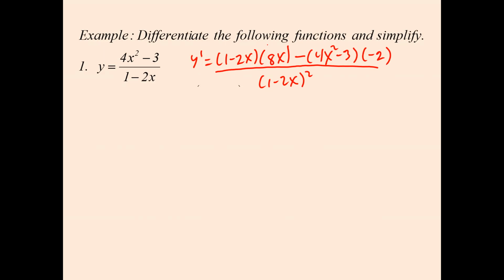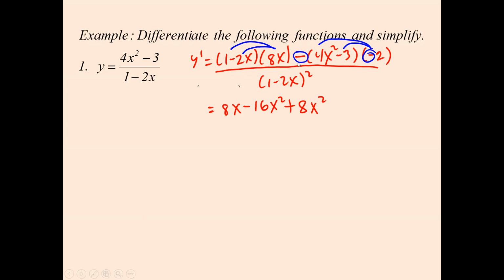Okay, so distribute these two. So sa numerator natin, we have 8x minus 2 times 8 is 16, x squared. Okay, so meron tayong negative times negative is positive. So plus 2 times 4 is 8x squared.